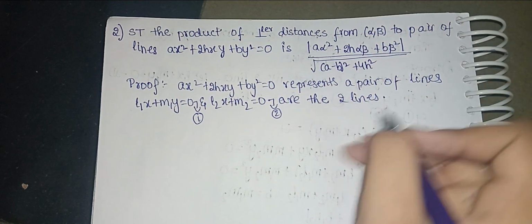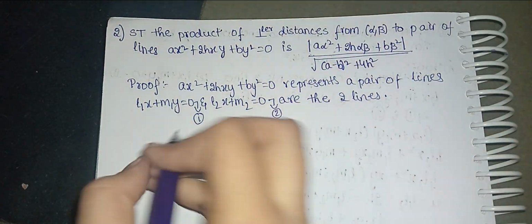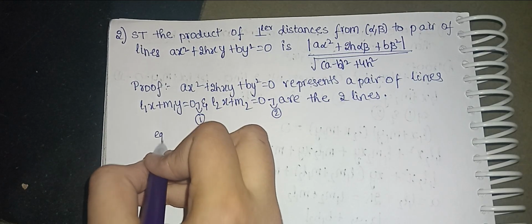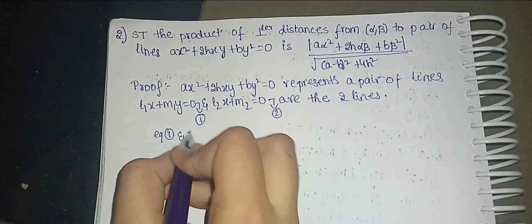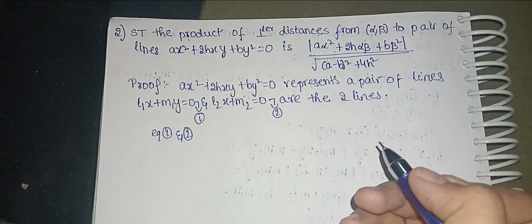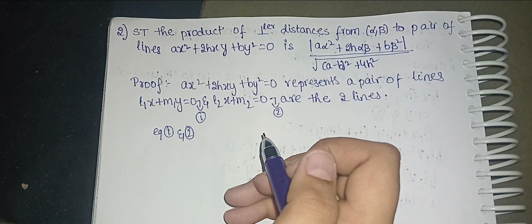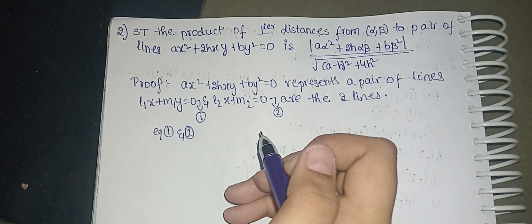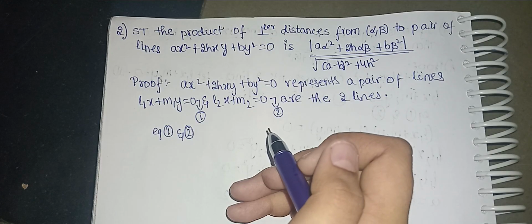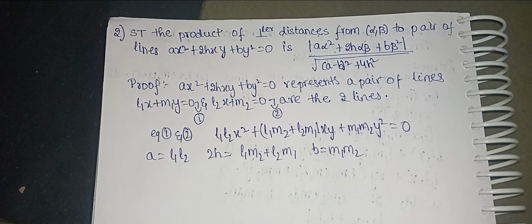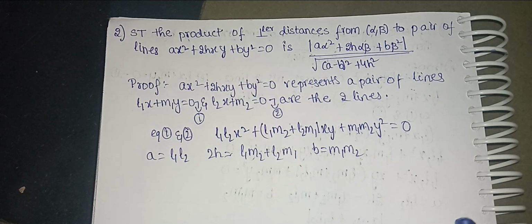Now, same as before theorem, combine equation 1 and 2. This time, you do it and tell me the answer. Come on. Pause the video. Do it now. See, this is the equation you will get by combining these two equations.